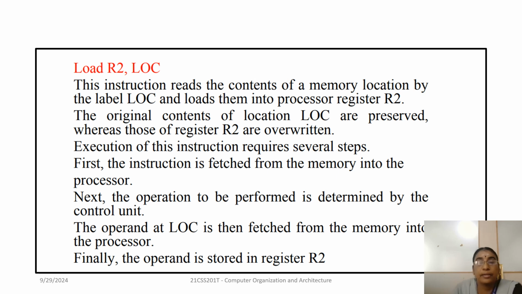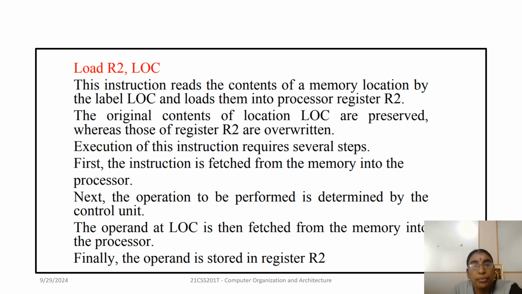We should know the basic concept in a computer. There are four steps: fetching, decoding, execution, and store or write back. This is the flow it follows. Fetching is fetching the instruction from the instruction queue, and that will be moved to the processor unit.